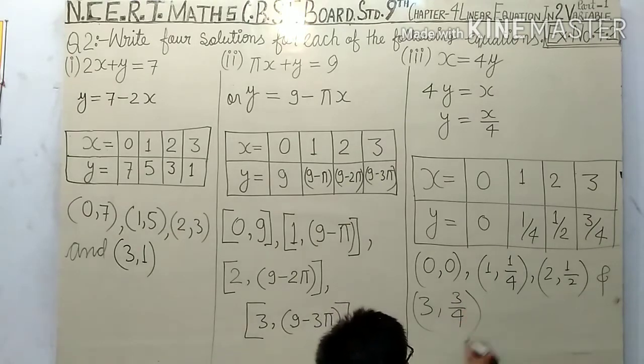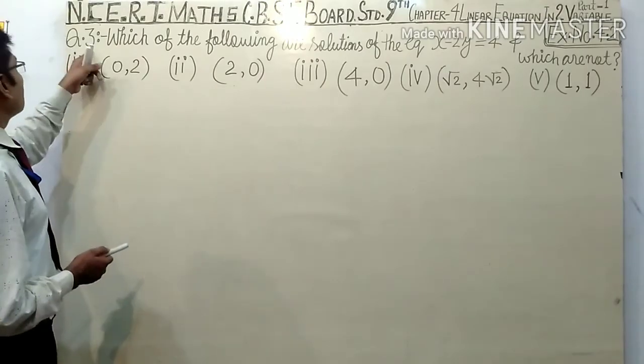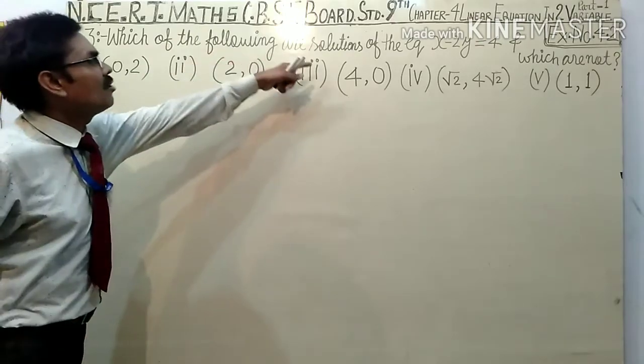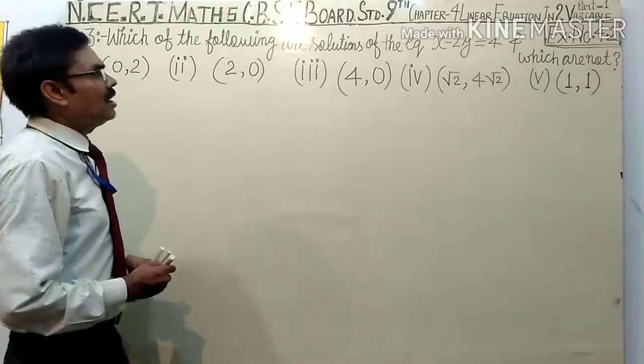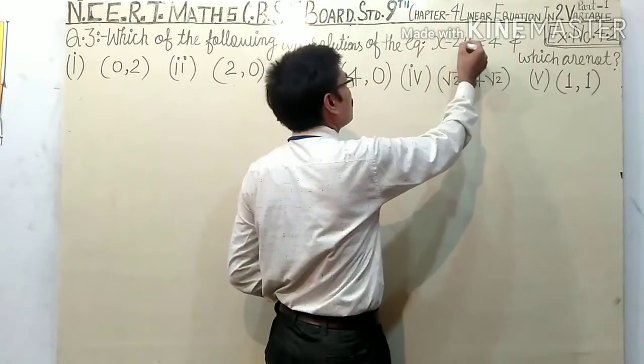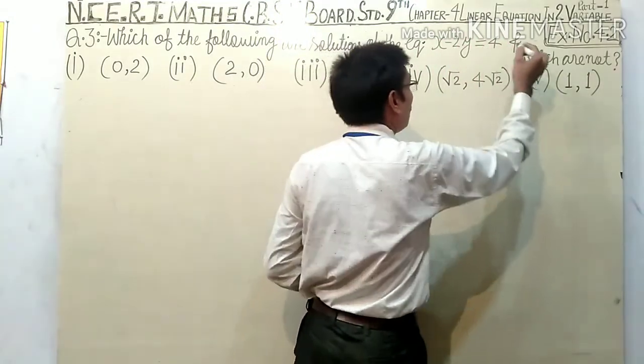So take a photograph. Now students, question number third, which of the following are solutions of the equation x minus 2y equal 4, and which are not?